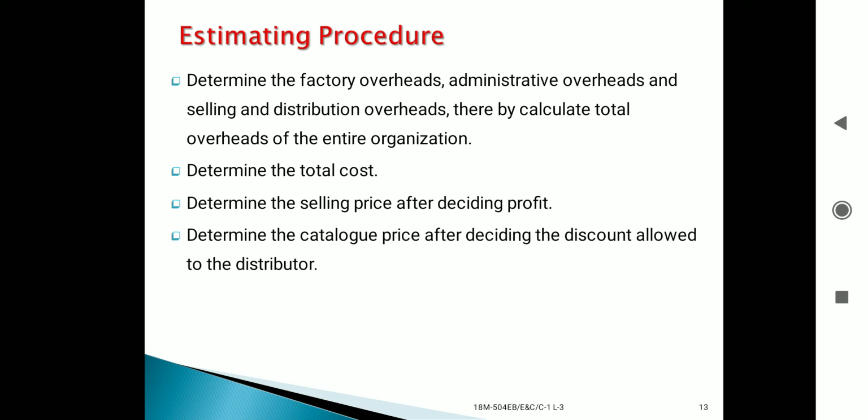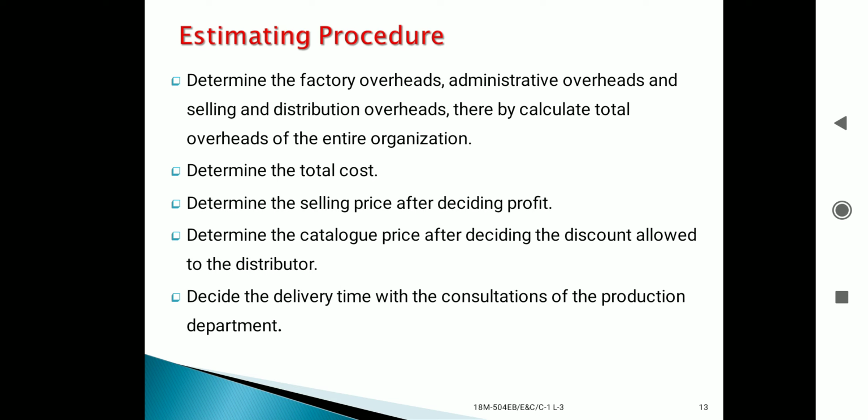Then 50 paisa is your profit, and the other 50 paisa is your selling and distribution and other expenses. Next, decide the delivery time in consultation with the production department.